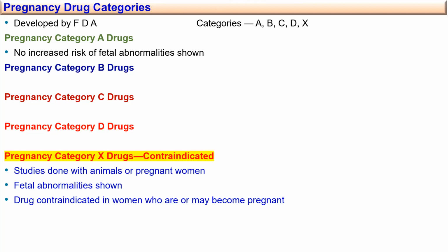Now, the embryonic period is week 3 to 8. During this period, 3 to 8 weeks of gestation, that's when the teratogens have a maximum impact on the embryo. And then the fetal period, which is week 9 to 40, or until birth.